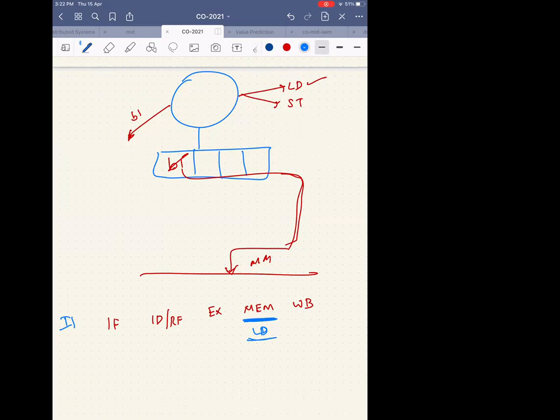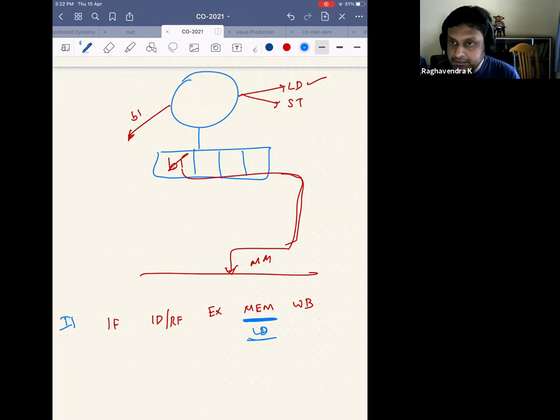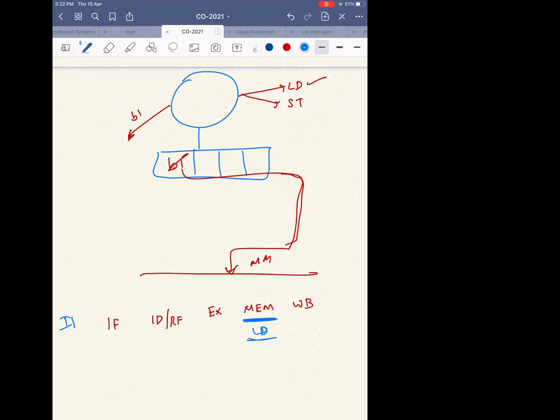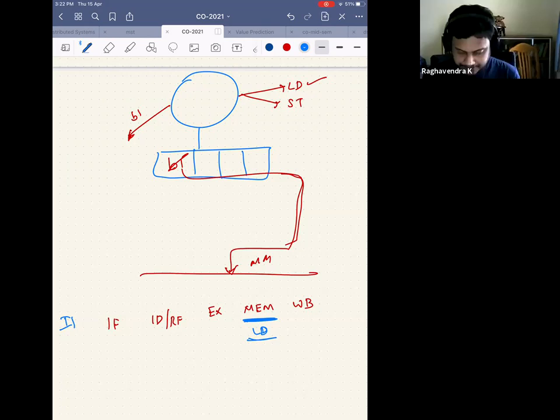Sir, I think it's your internet. It is my internet, yeah. Just a second, I think I will switch. I'm not in Tirupati. Just give me a second.